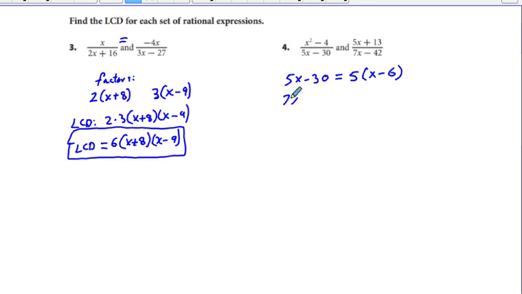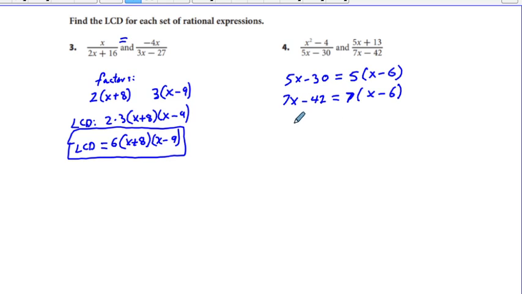And this 7x minus 42 is going to be equal to 7 times x minus 6. So x minus 6 is definitely common between those two. And we have a 5 and a 7, and they are not factors of each other.